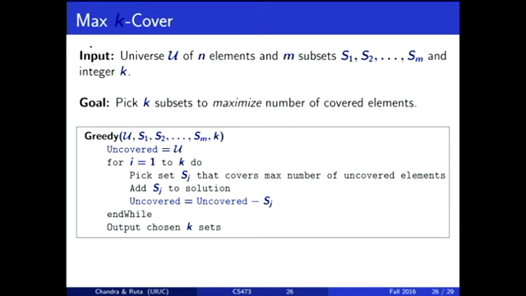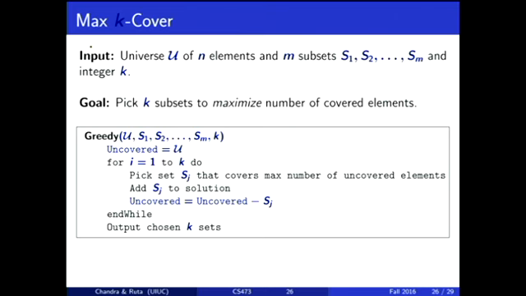The algorithm makes sense? Now remember, this is a maximization problem, not minimization, because our objective is to maximize the number of elements covered, not minimize the number of sets, since we are given a bound on the number of sets already. So you're supposed to pick k sets. The question is, how well are we going to do with this algorithm?